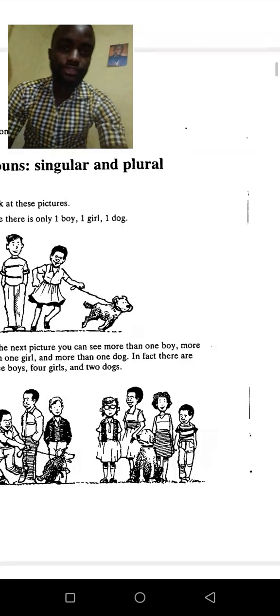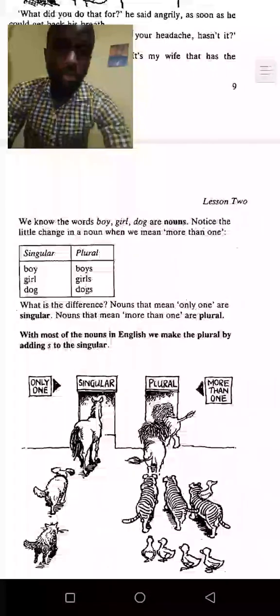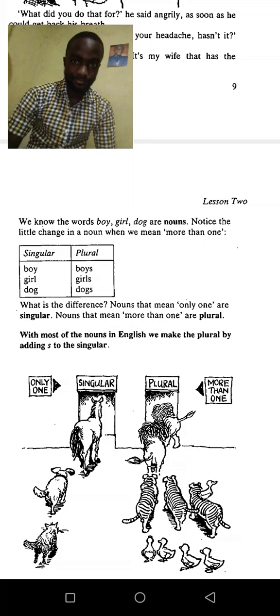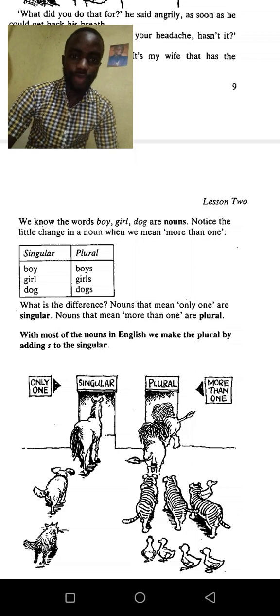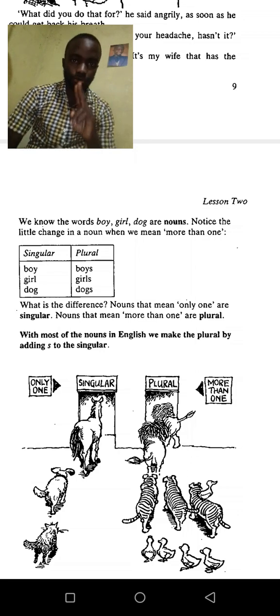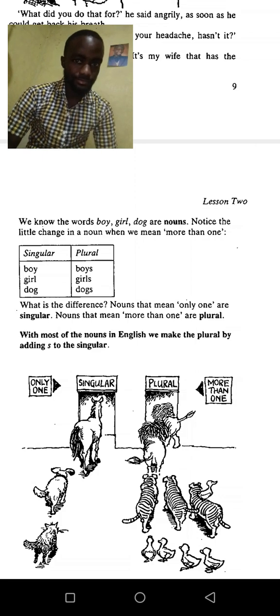Now we know the words boy, girl, dog are nouns. By now you should know that these words are nouns, right? Notice the little change in a noun when we mean more than one. Now what are those changes?